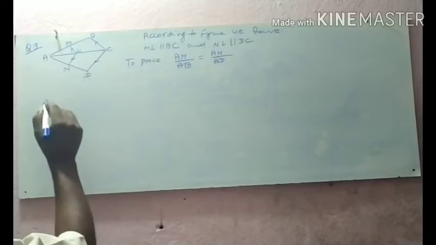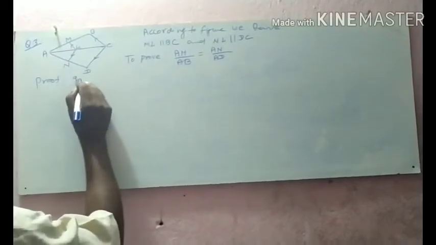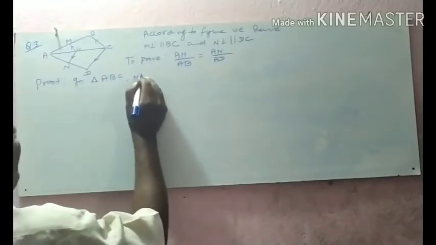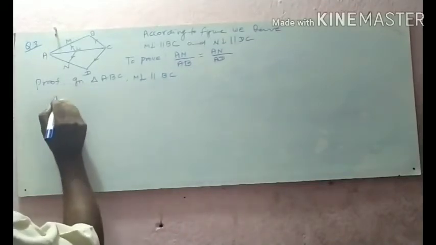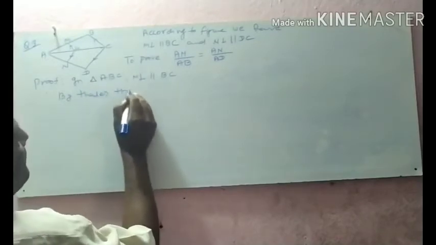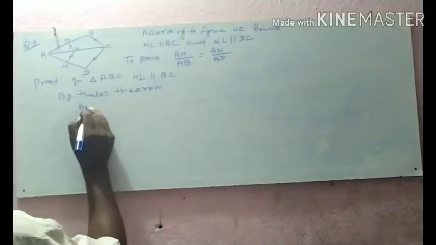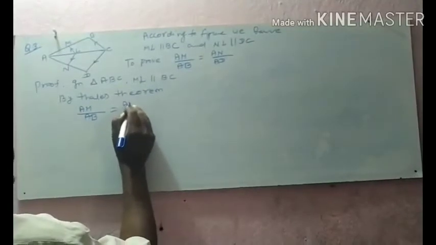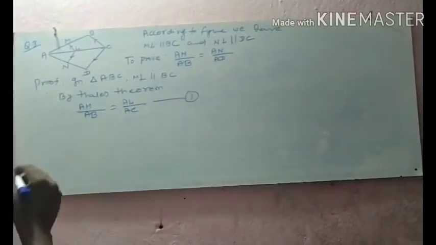Proof. In triangle ABC, ML is parallel to BC. Therefore, by Thales theorem, AM by AB is equal to AL by AC, equation first.